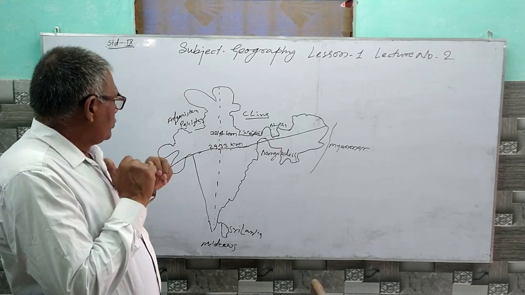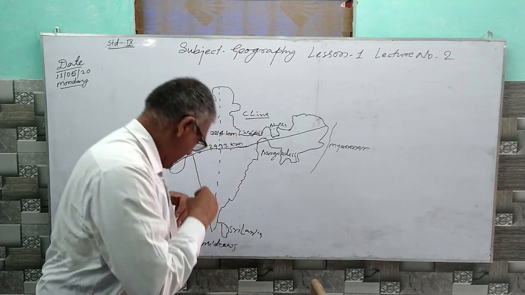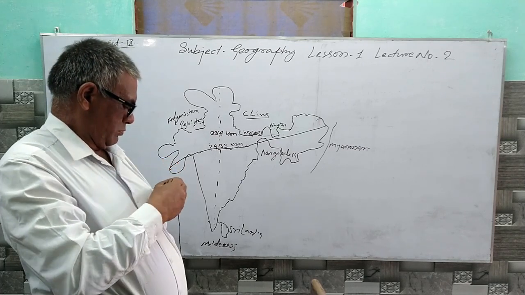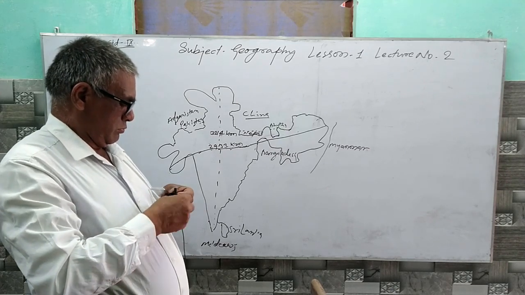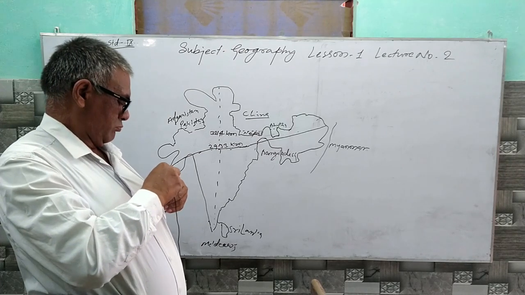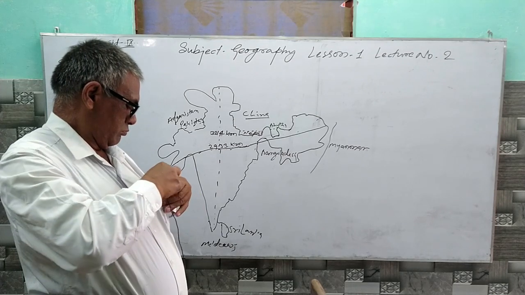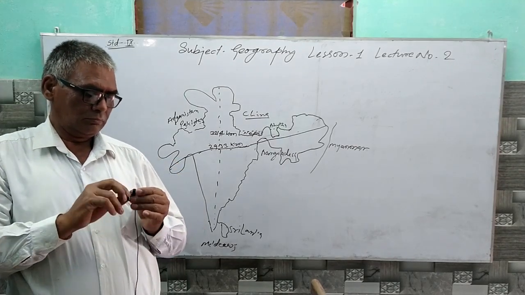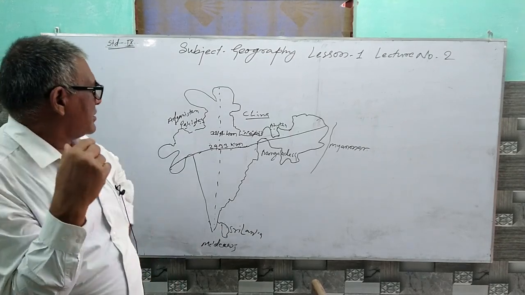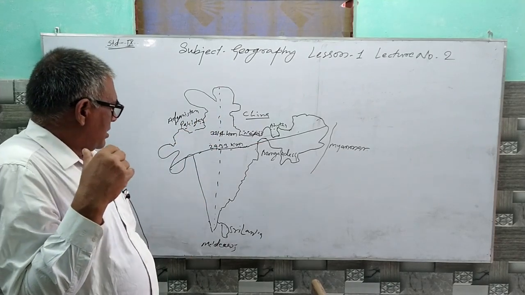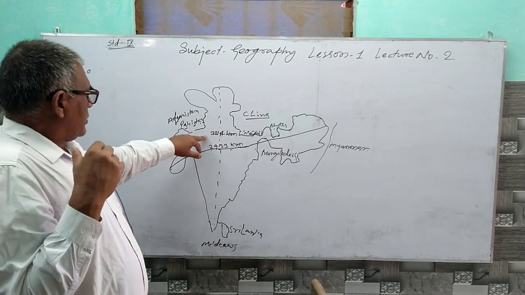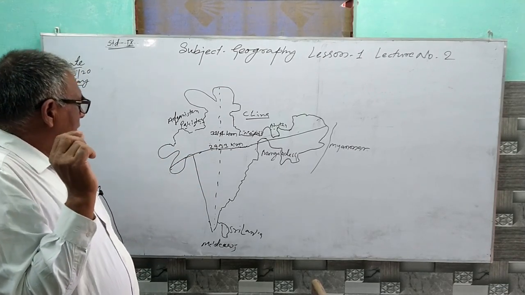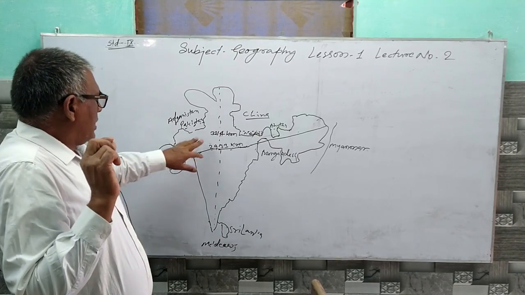So if you watch India's length and width, yes, you will find that the length and width of India are about equal.